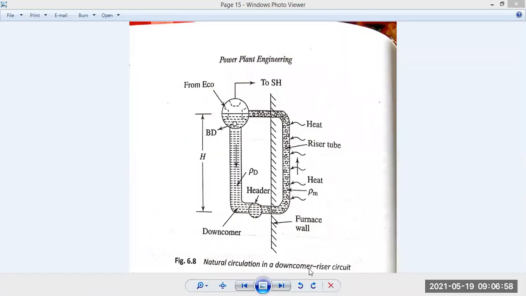Now, it is a natural circulation in a downcomer-riser circuit. Why is it named like this? This circuit consists of the downcomer, a pipe which brings down the liquid water, maybe mixed with some amount of moisture. It comes down and goes to a header.